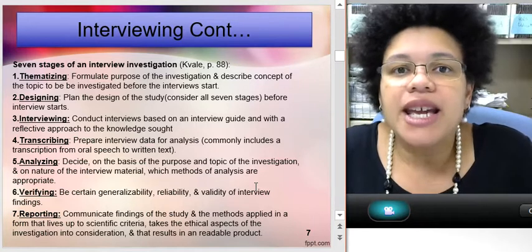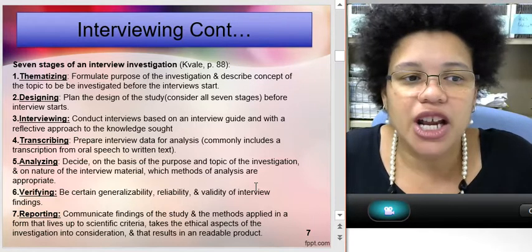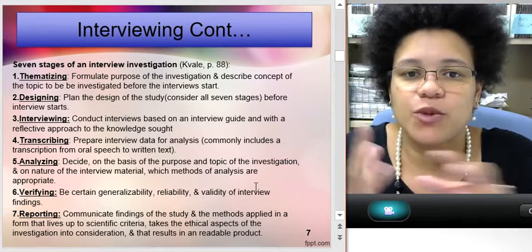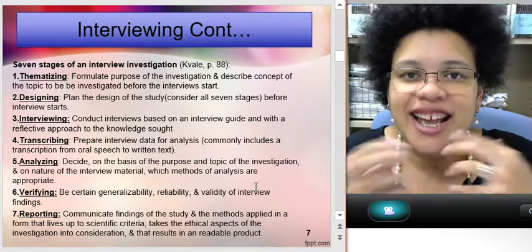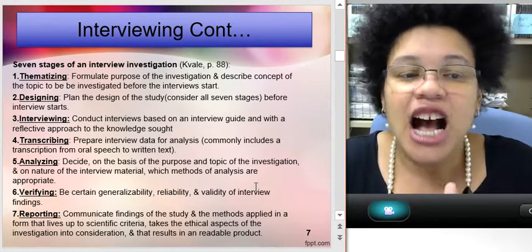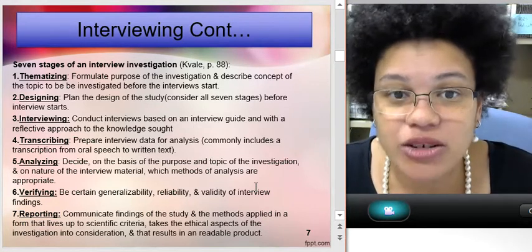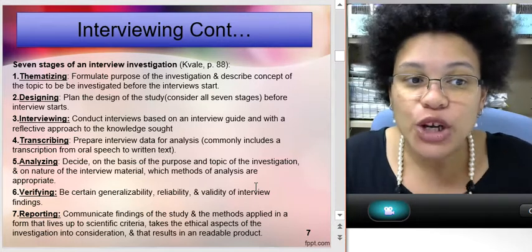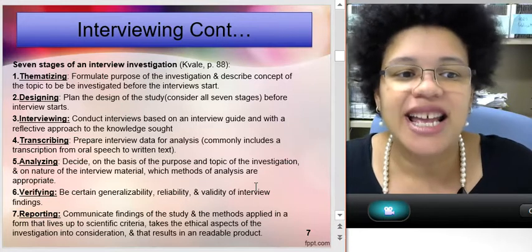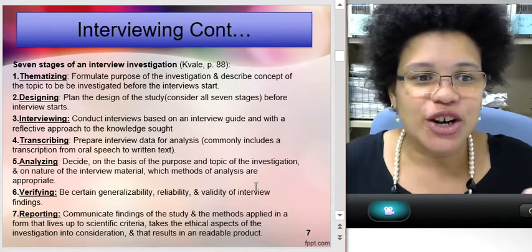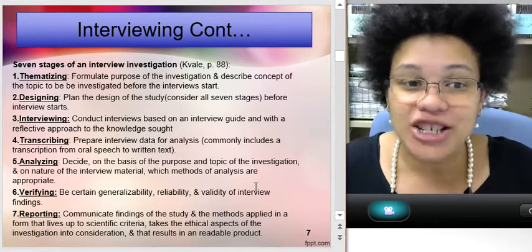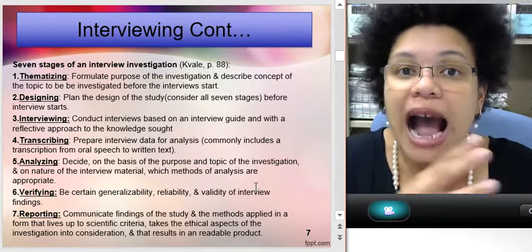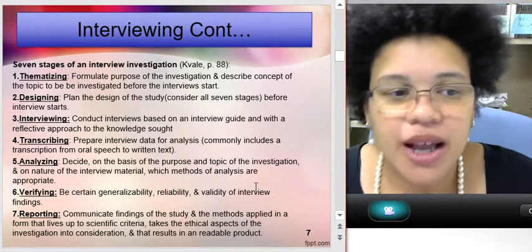All right, and then after you've conducted your interviews, there's a way that you need to process it, because we're going to turn these spoken words into written text. Transcribing is usually how interview data, audio recordings, are turned from oral speech into written text. Analyzing it based on your purpose, your topic, the nature of the material, all of these things are going to determine how you're going to go about analyzing it.